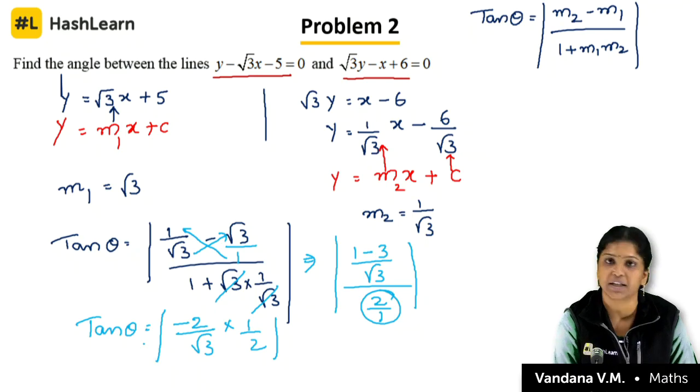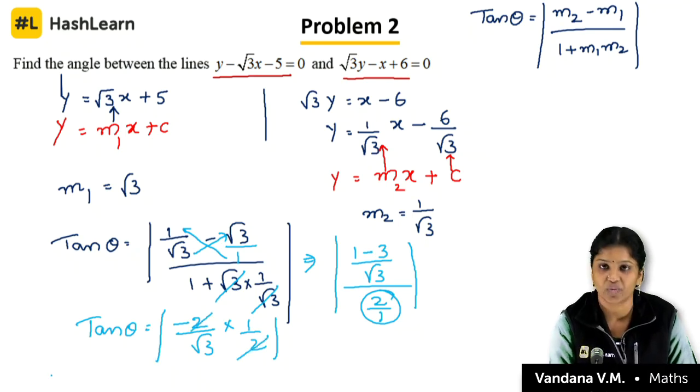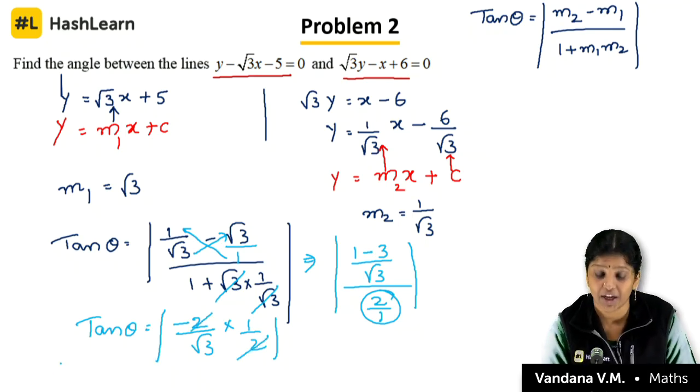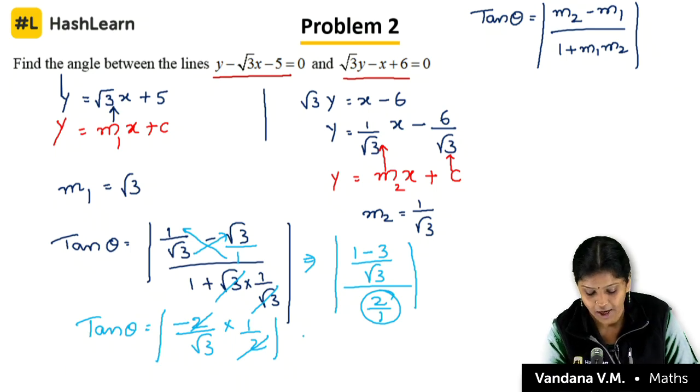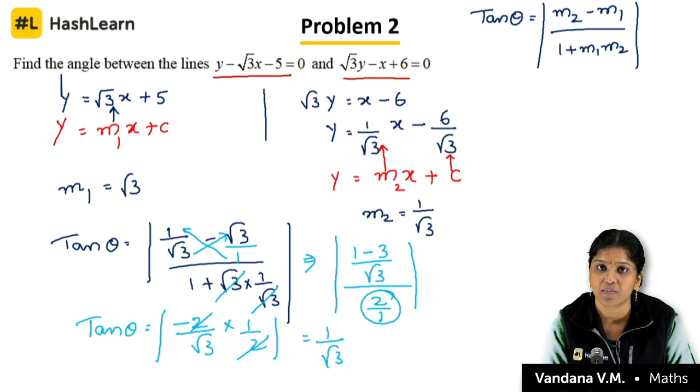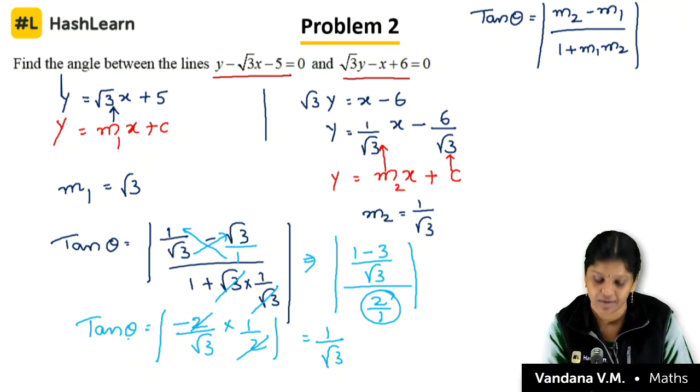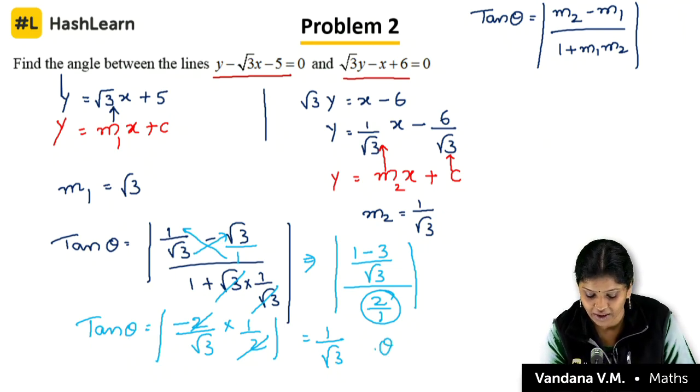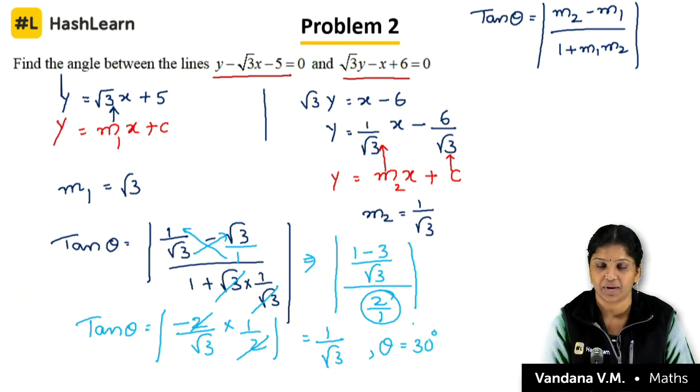This is again inside the modulus. 2 will get cancelled. Even if negative, because of the modulus, I will get plus root 3. Where will I get 1 by root 3 in tan? Yes, when theta is 30 degrees, tan 30 is 1 by root 3.